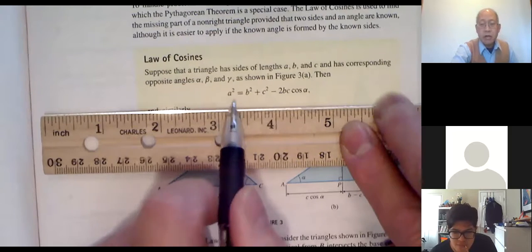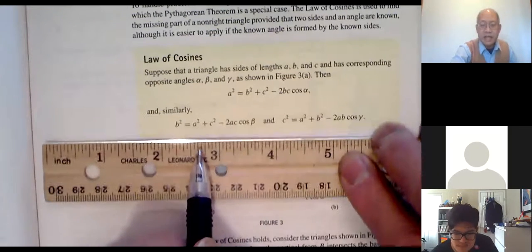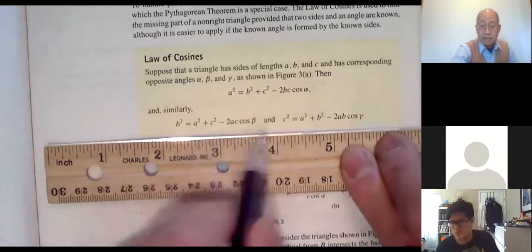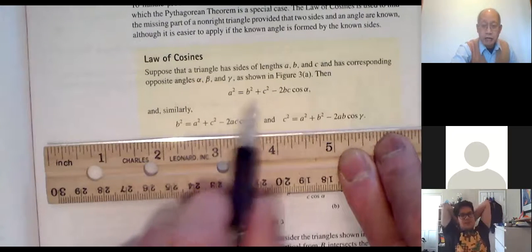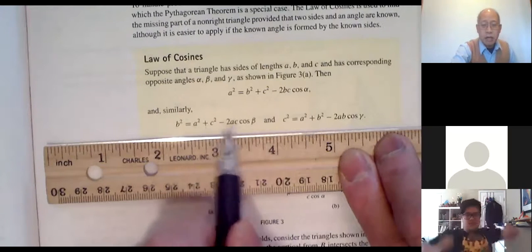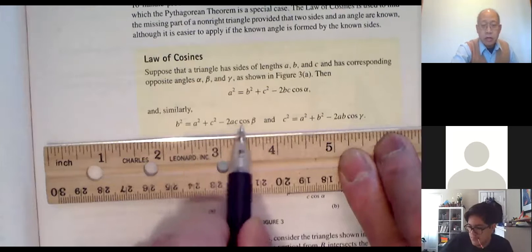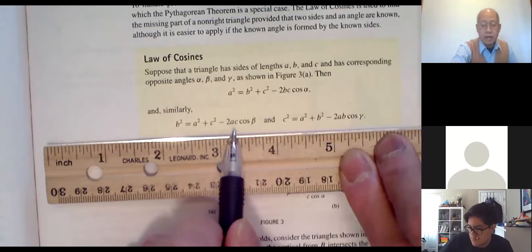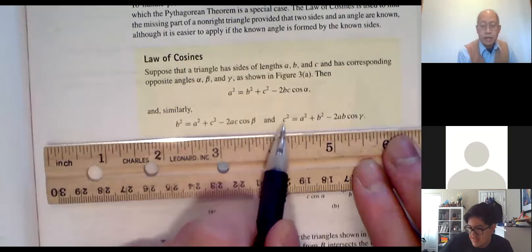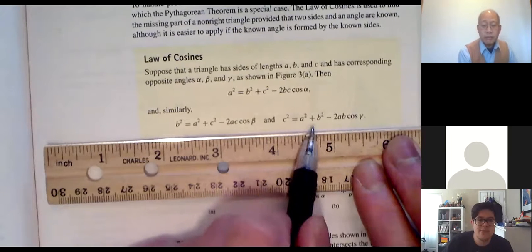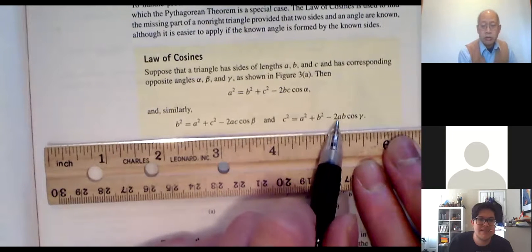B squared equals the other two letters squared, A squared plus C squared, minus 2AC cosine of that angle, so cosine of beta. And similarly, C squared is equal to A squared plus B squared minus 2AB cosine gamma.